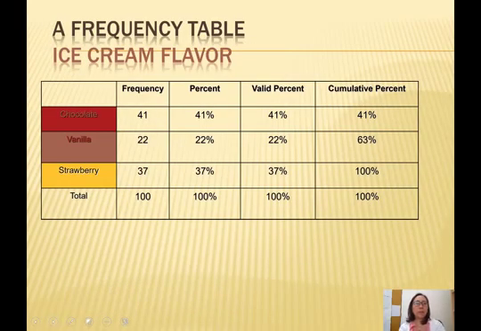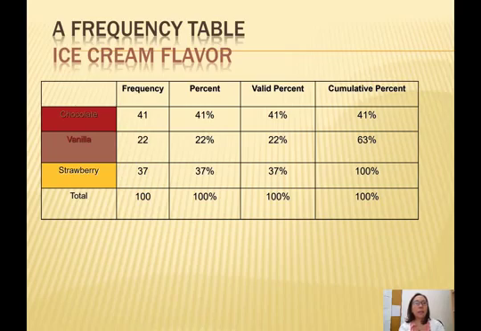Now, here's some data that I've created and put together in a very organized table. Ice cream flavor. Here we see 3 different ice cream flavors: chocolate, vanilla, and strawberry.